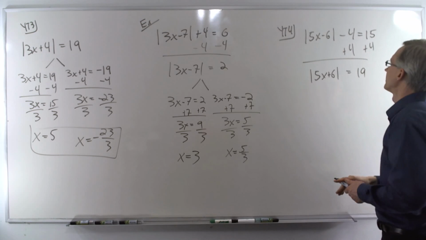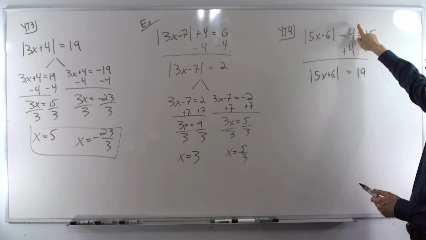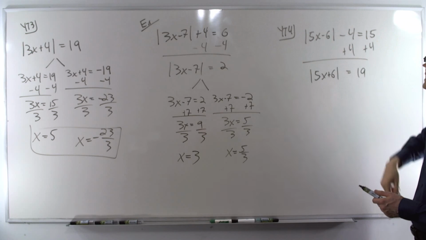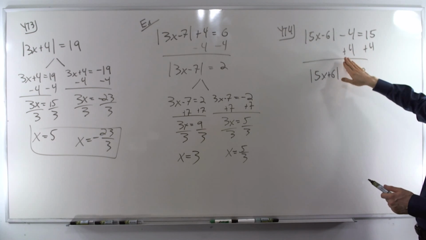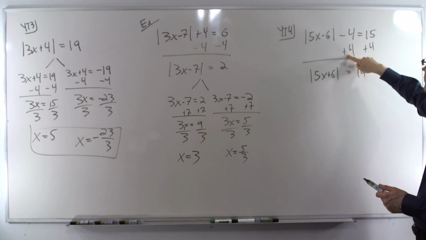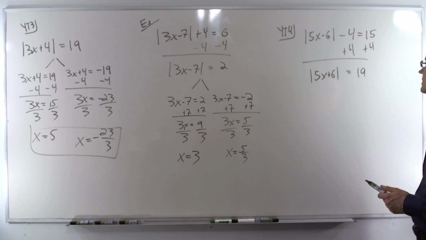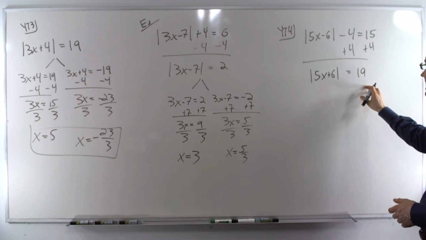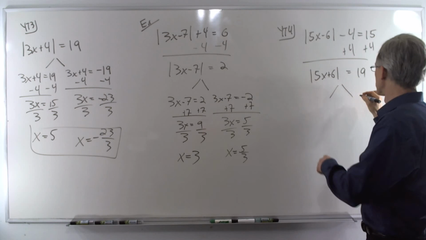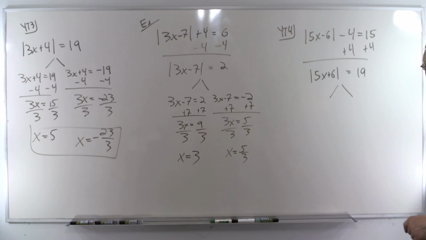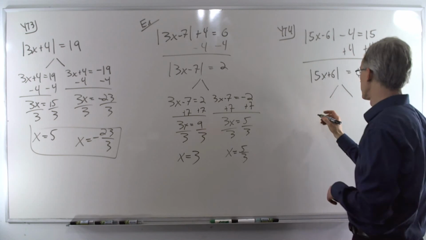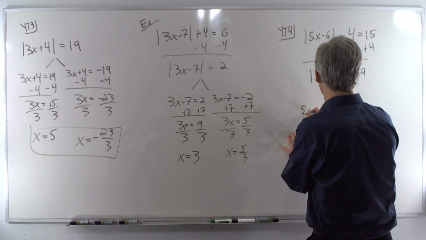All right, we have to get the absolute value by itself. We cannot operate with this 4 there. So let's get rid of the negative 4 by adding 4 to both sides. So that gives us absolute value of 5x plus 6 is 19. And now that the absolute value is by itself, now we can split it up into 2 equations. All right, first equation, remove the absolute value bars.